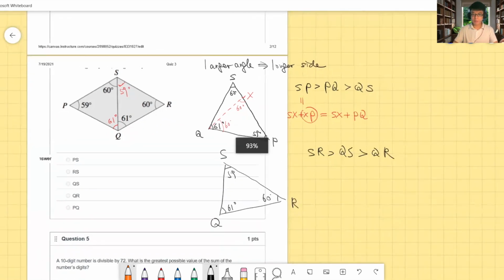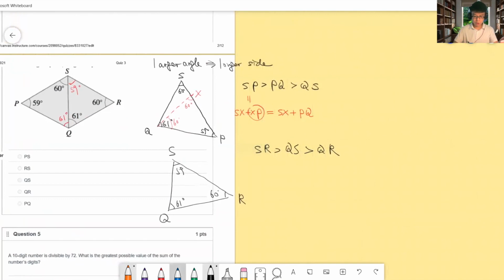Right? Now let's compare these line segments. In both triangles, we have a common side, that is QS. In the first triangle, the largest one must be SP. That's the candidate. In the second one, the largest one is SR.